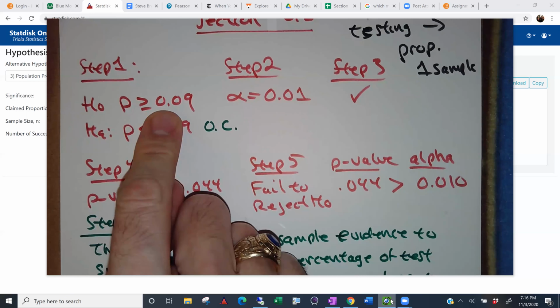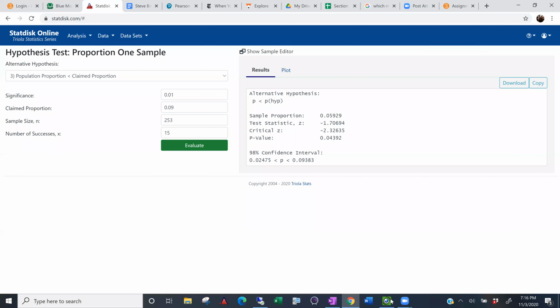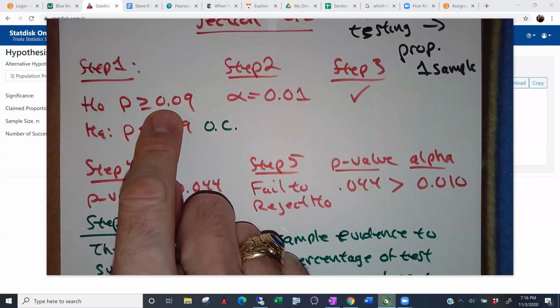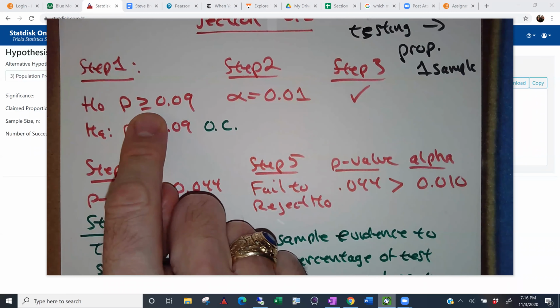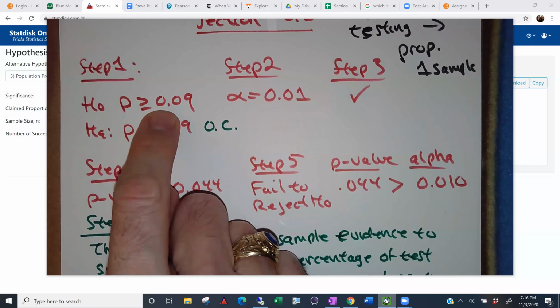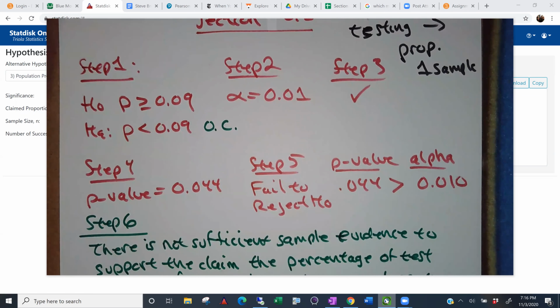Is 0.09 inside the confidence interval? Yeah. So if it's inside the confidence interval, then you really can't get rid of this, because one of the possibilities, according to your confidence interval, is that p equals 9%. So you can't reject this. So it's good that we're getting the same conclusion in a different way.